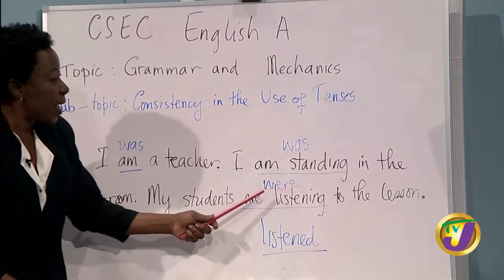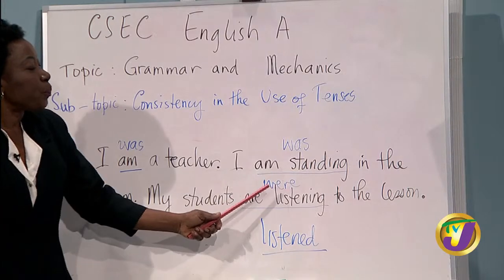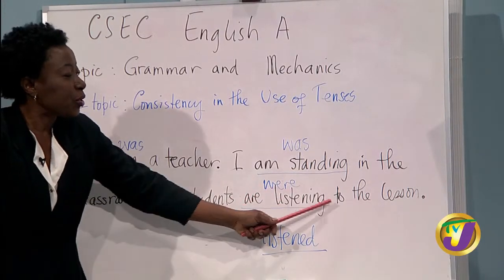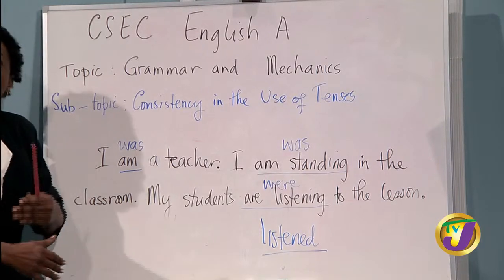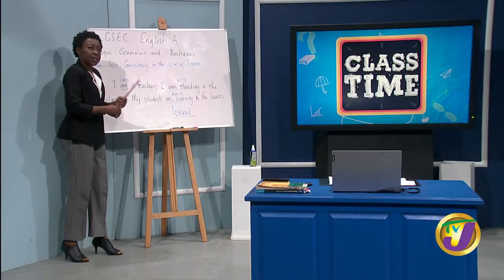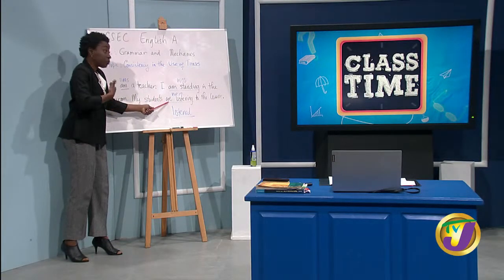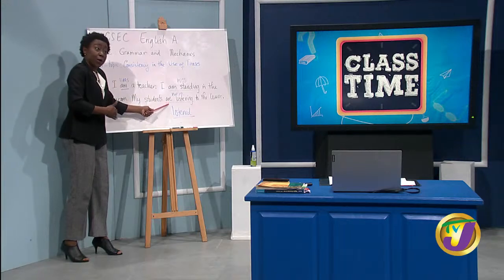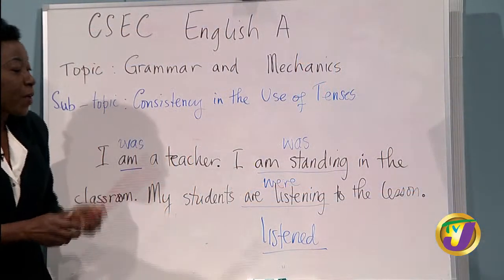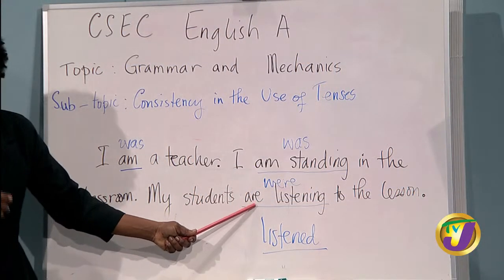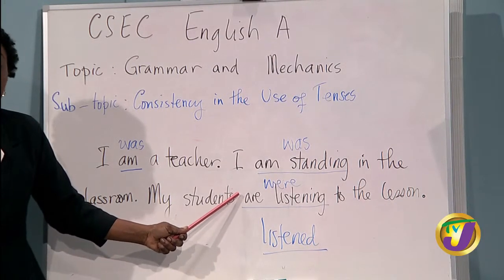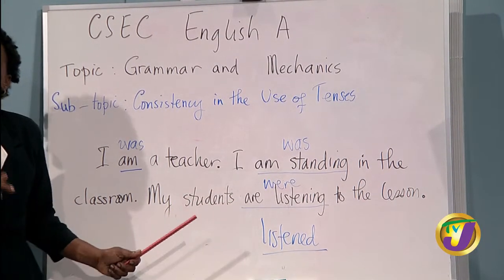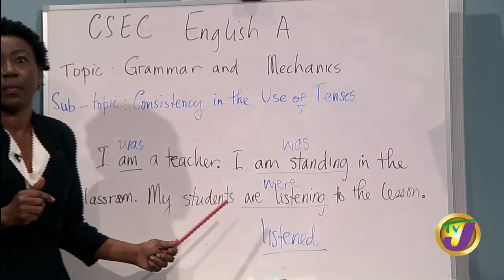So you should say, my students were listening to the lesson, showing the continuity of the action that is happening. So are is a being verb part, and remember that are is not by itself a helping verb or an auxiliary verb. It becomes that when you make it do that.